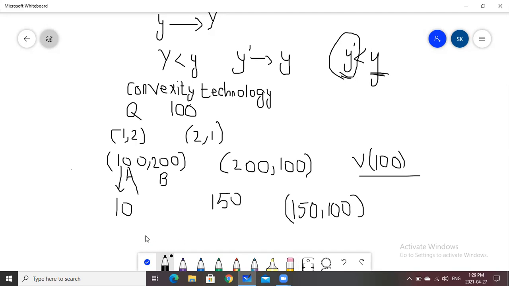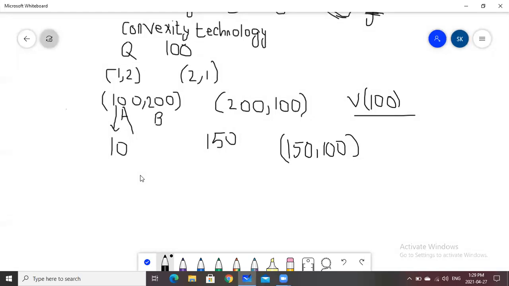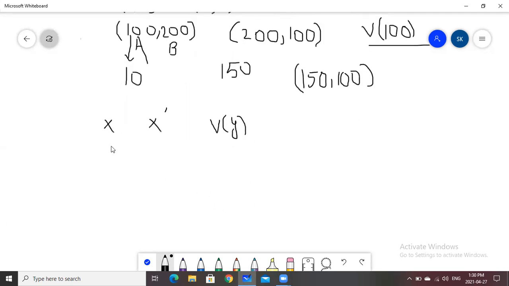Now we move on towards the convexity. In the convexity of technology, if x and x prime are in V(y), meaning we have two input vectors, x and x prime, in the production set V(y), then we will have a new vector, t x plus (1 minus t) x prime.